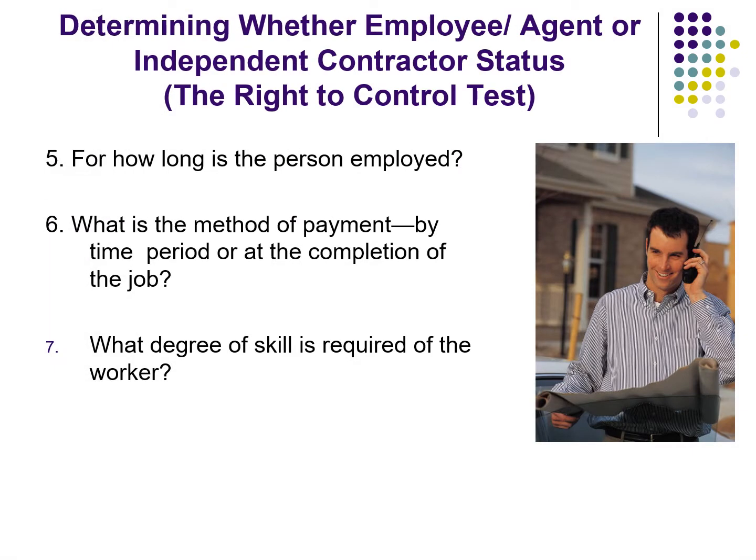Number 5, for how long is the person employed? So this question might not be obvious to you, like how does this factor into our right to control test? Well, if I am an agent who works long-term, I have an indefinite contract with my principal, it sounds like I'm just a regular employee.